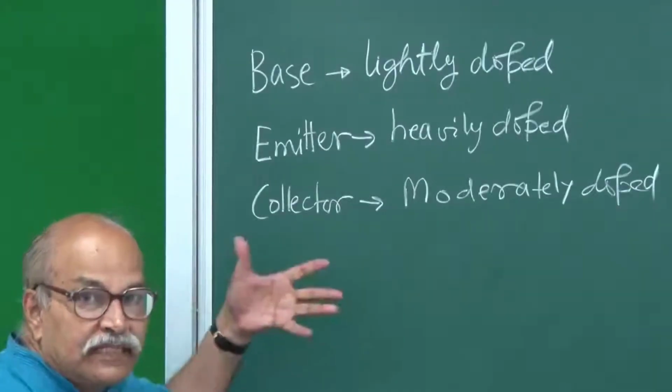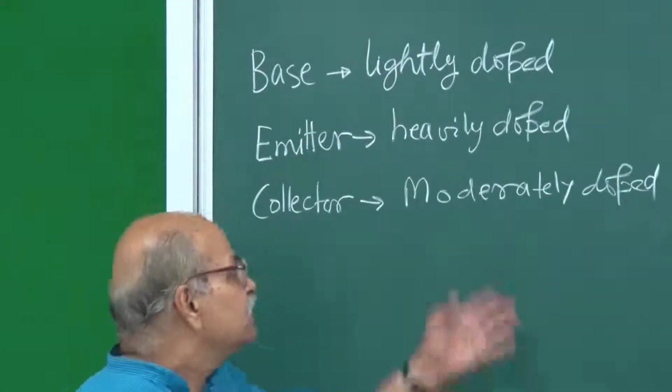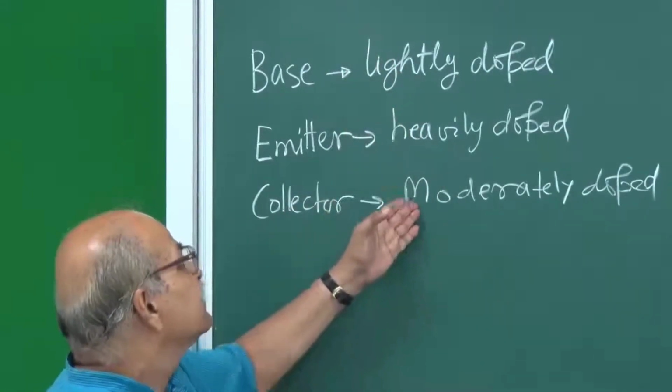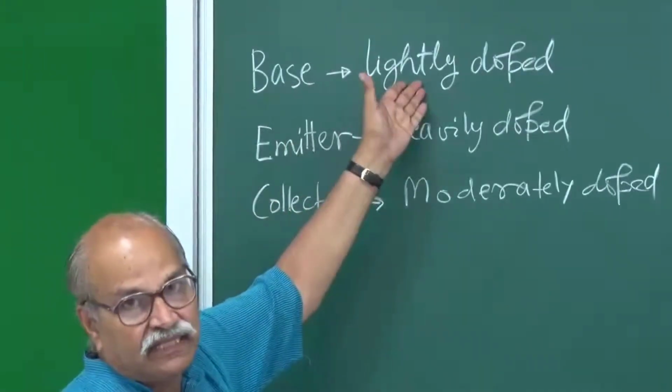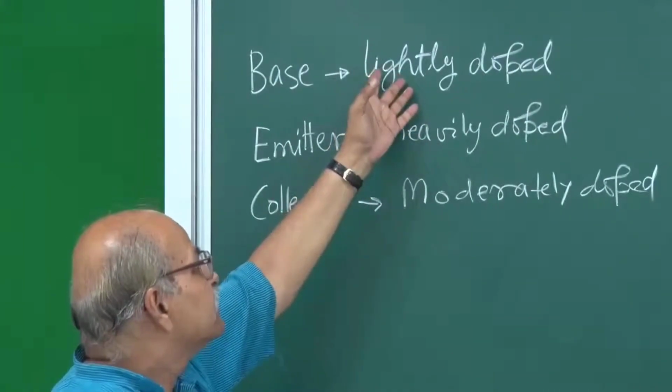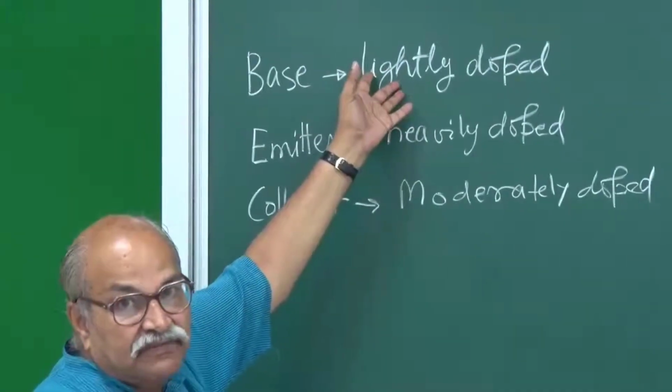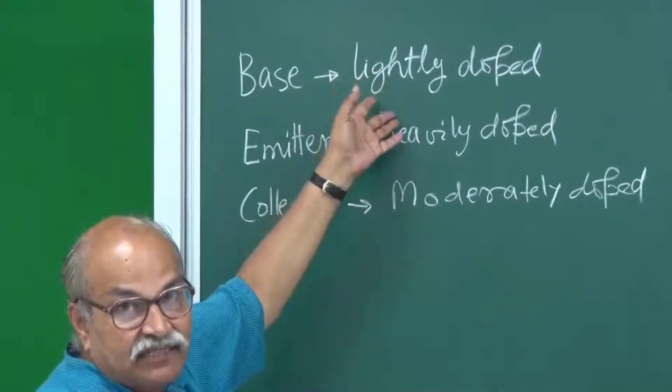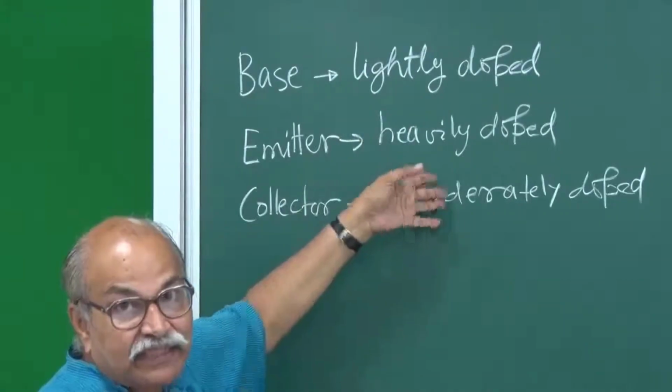So doping concentrations are different for these three. The concentration of impurities in the base will be, say, 5 to 10% of that in the emitter.